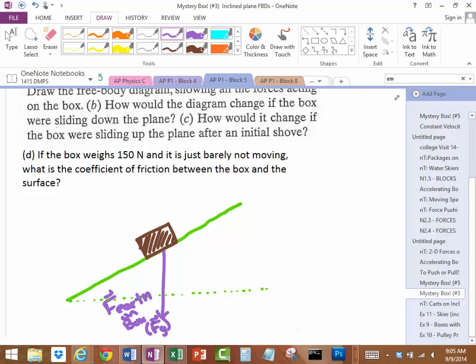Force of the surface on the box. Where's it going? Perpendicular to the surface, and because it's perpendicular to the surface, that would lead you to believe that's a normal, right? Normal means perpendicular. All right, here we go.